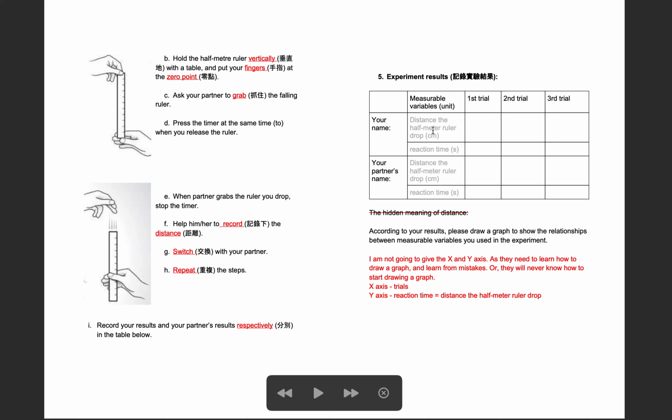And for the gray part here, it should be blank, so students need to write down the measurable variables they think of, and then do the experiment and record it. So we won't give any answer here. And after they jot down or record their results, they have to draw a graph to show the relationships between the measurable variables they use in the experiment.